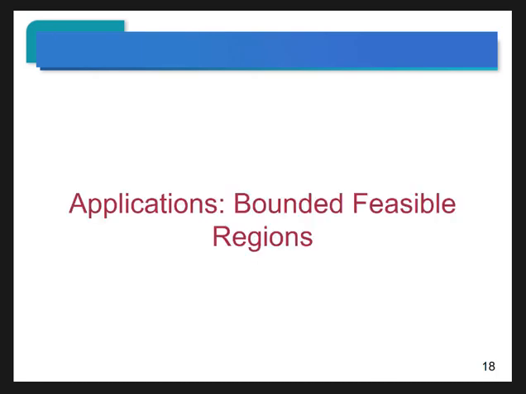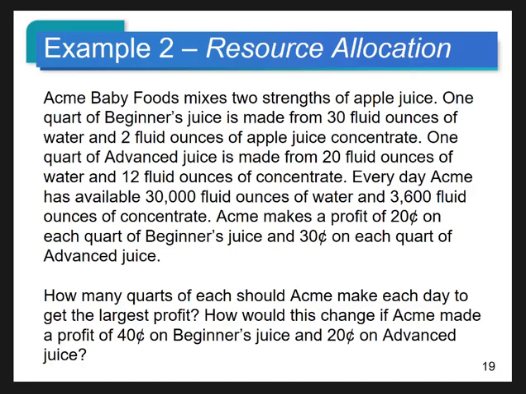So, bounded feasible region. Let's look at an application. Acme baby food has 2 different types of apple juice. There's a beginner's formula that's 30 fluid ounces with 2 ounces of juice, and an advanced formula, 20 fluid ounces with 12 ounces of juice. Every day, Acme only has available 30,000 fluid ounces of water and 3,600 fluid ounces of concentrate.